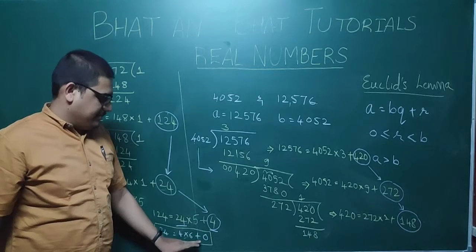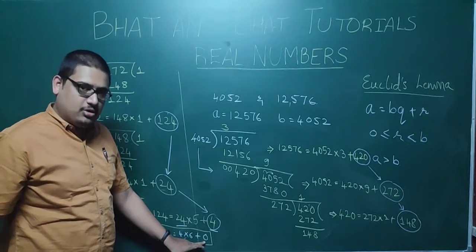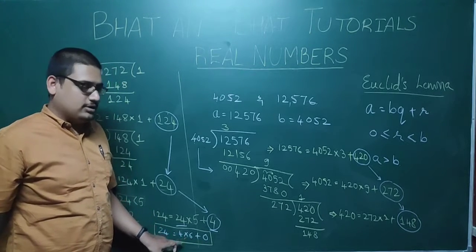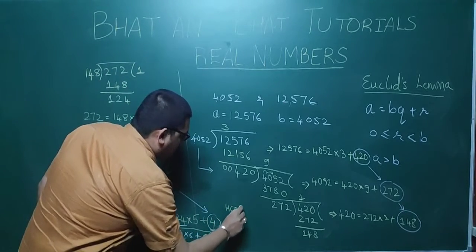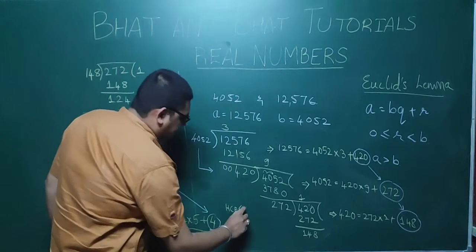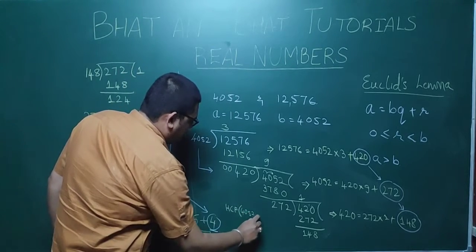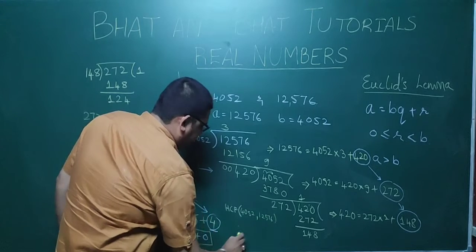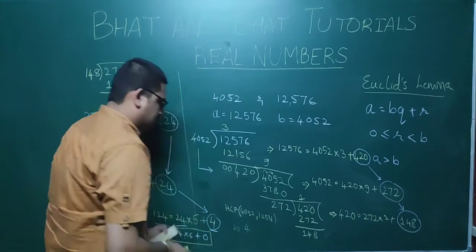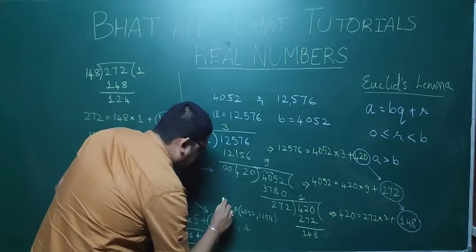So in this step, as the remainder has become 0 and my divisor is 4, I can write that HCF of 4052 and 12,576 is 4. This is my answer.